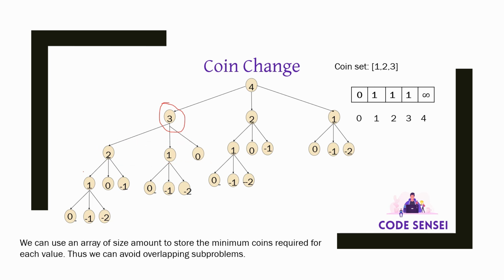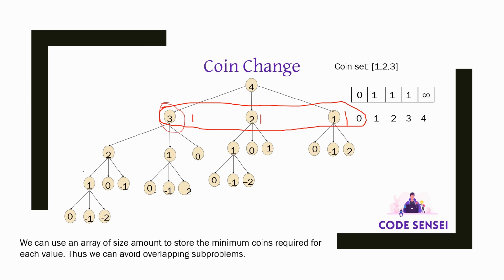And then finally, we have to take this level. The minimum number of coins required to make the sum 3 from the array can be seen as 1. And for 2 it is 1, and for 1 also it is 1.